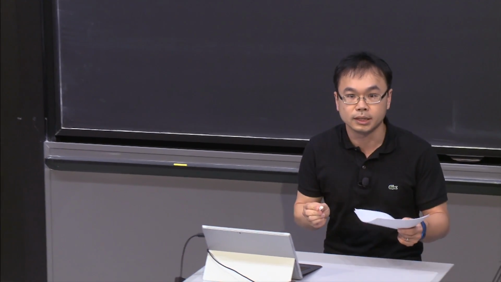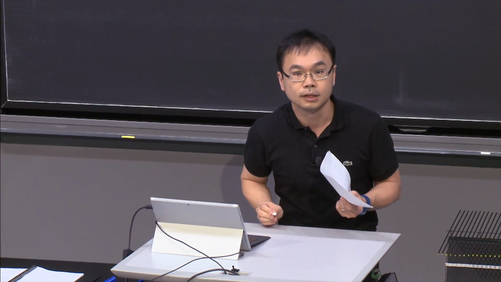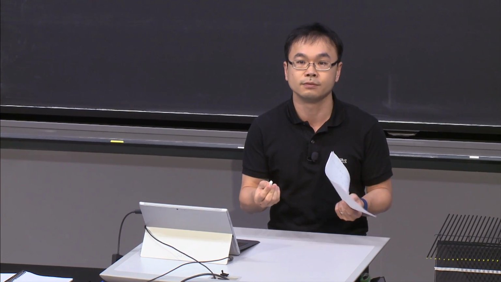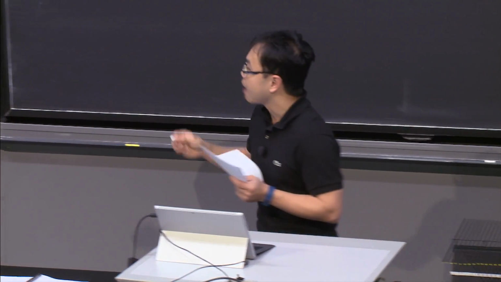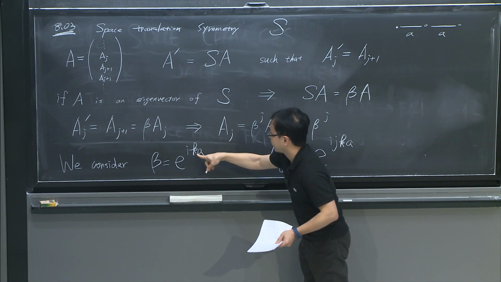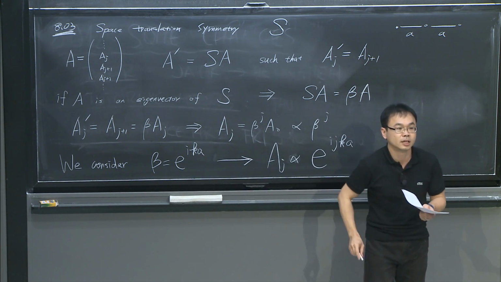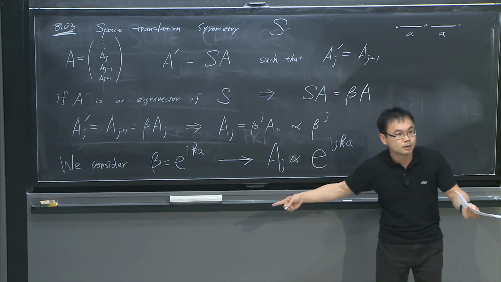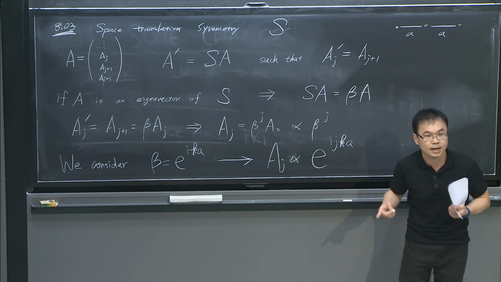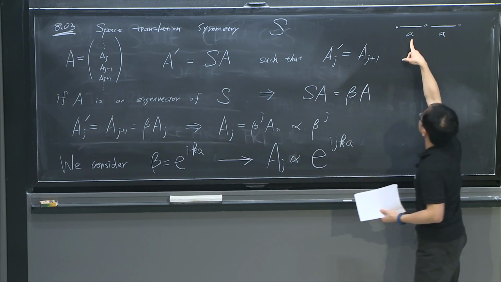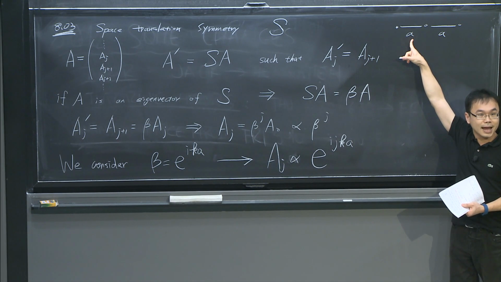Therefore, what I'm doing is to factorize out the length scale, and then we suddenly found that after I do this, I define beta equal to exponential iKa instead of exponential i theta, right? So you can also do exponential i theta, but instead, I give theta a fancy name, which is K times a. a is the distance between masses.